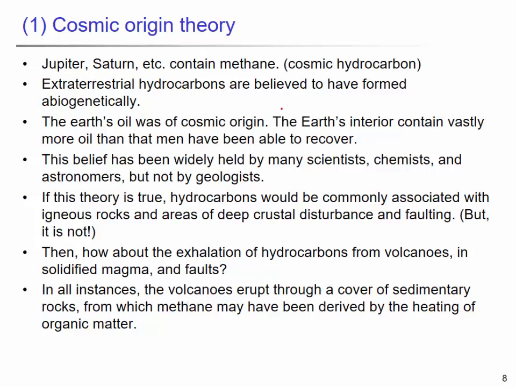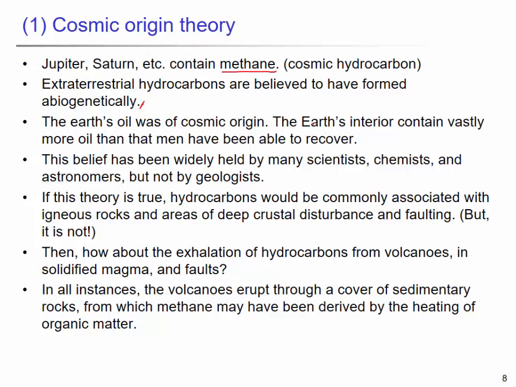And this methane should have been produced when the universe was created. So this extraterrestrial hydrocarbon should also be inside the Earth. That is the theory, so it is called the cosmic origin theory.